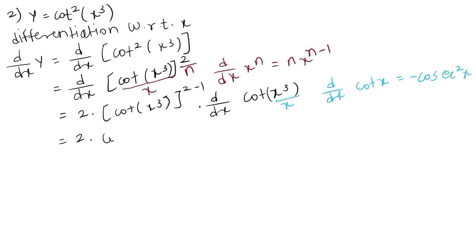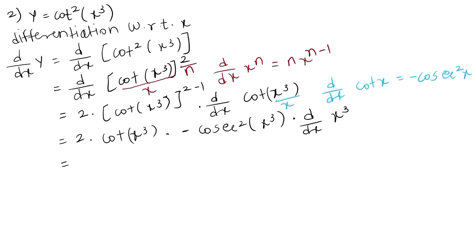Next step will be 2 cot x cube as it is, and bracket raised to 2 minus 1 is 1, so it's cot x cube into, now differentiation of cot x cube is minus cosec square x cube, and we need to take differentiation of x cube.